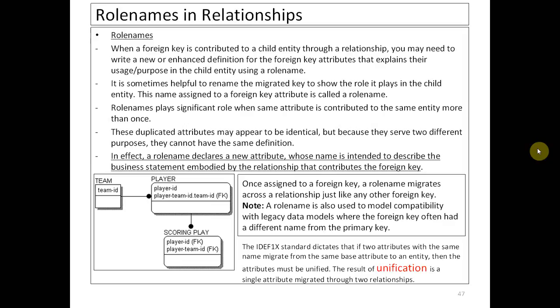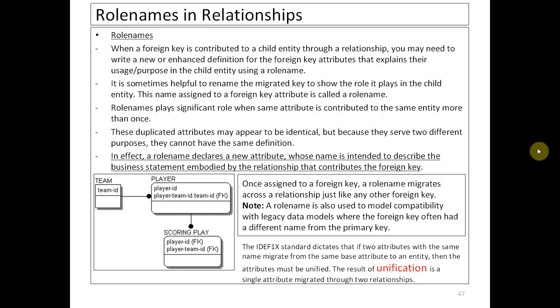Now, as and when this particular attribute from the child entity is propagated as a foreign key anywhere else within the data model, it will be the role name which will be migrated into the other child entities wherever it gets referred to. Role names play a significant role when the same attribute is contributed to the same entity more than once.